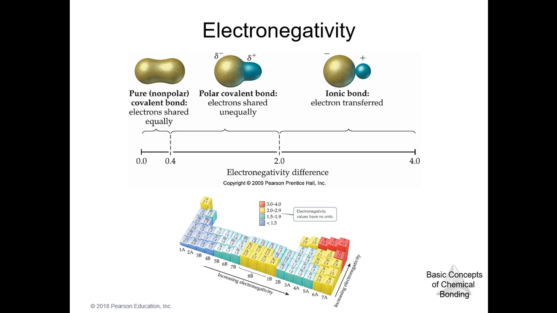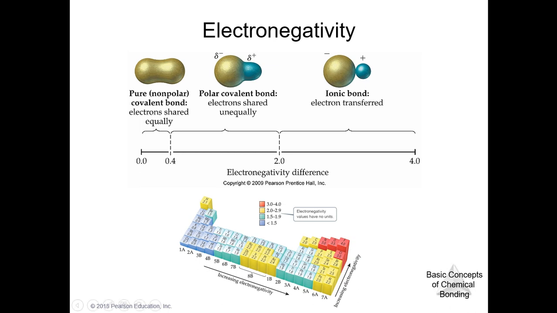But if one atom is more electronegative and pulls the electron cloud towards itself, we call it polar covalent. And if there is no sharing at all, and the electron is completely transferred from one atom to another, we call it ionic bonding.